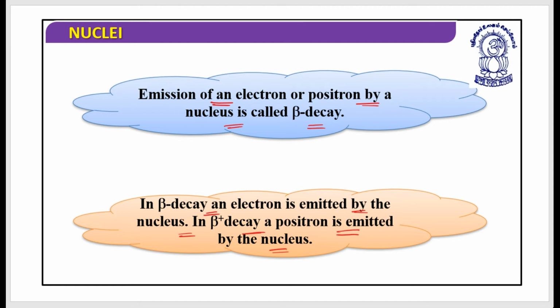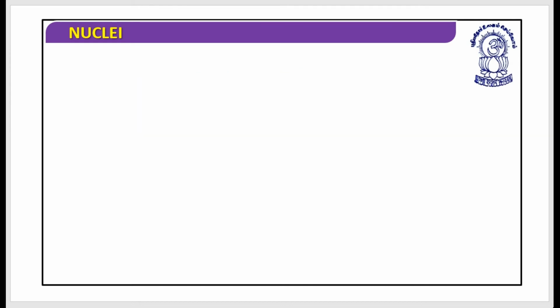So if I want to write down the general relation, let's first write it down for beta minus decay. If it was the case of beta minus decay, then ZXA will give us, and you must always remember this, when it is beta minus decay, it will release minus 1 e0.